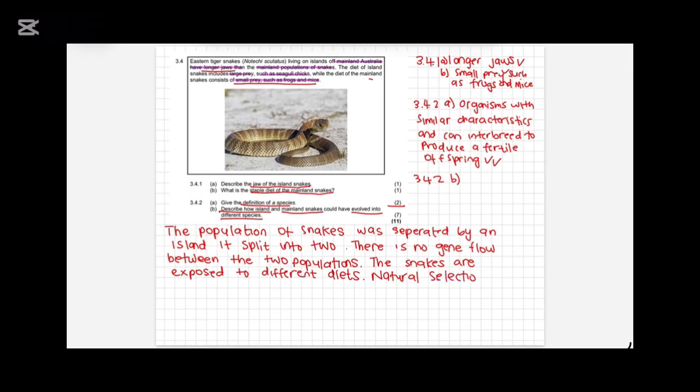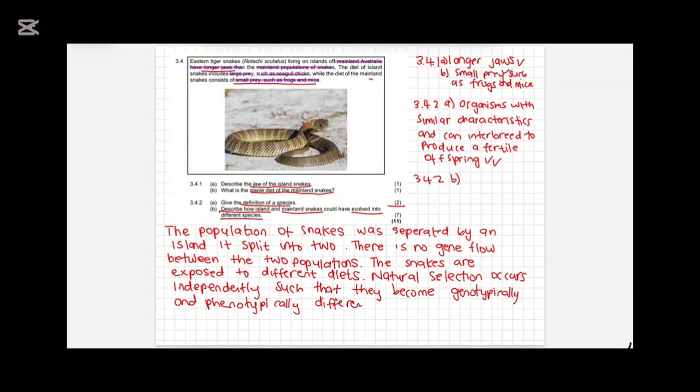So natural selection is going to occur independently, such that they become genotypically as well as phenotypically different, so that even if they were to mix again, they can no longer interbreed to produce a fertile offspring. You state the last statement, they have become new species.